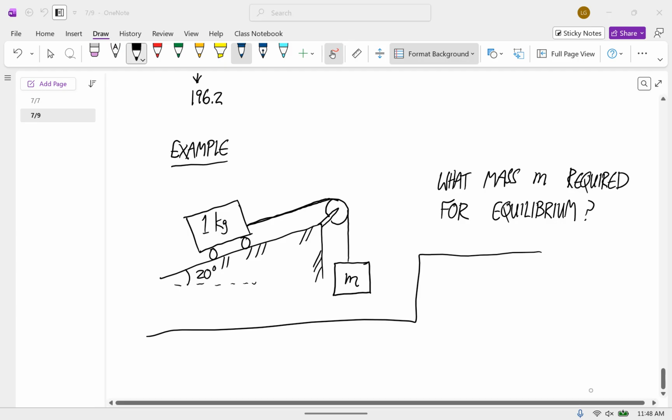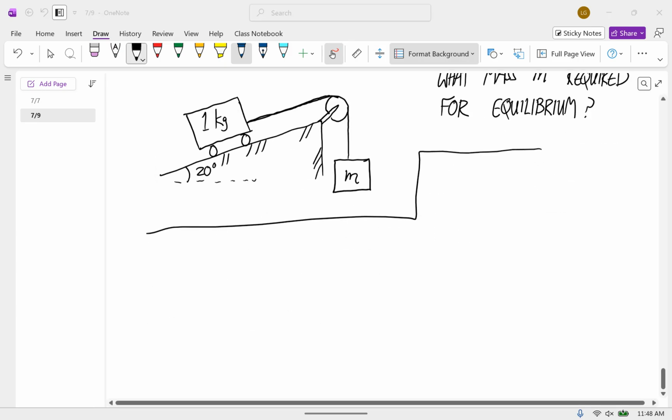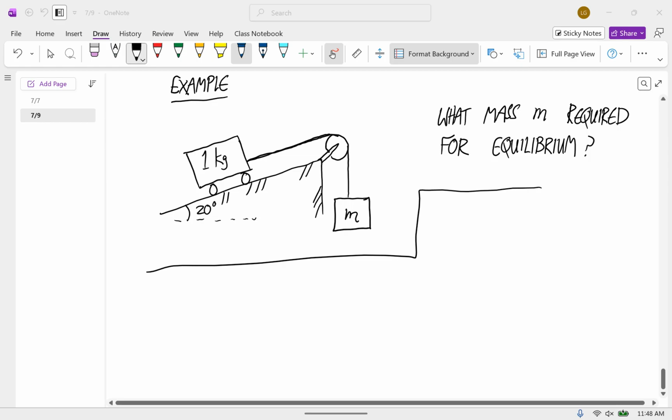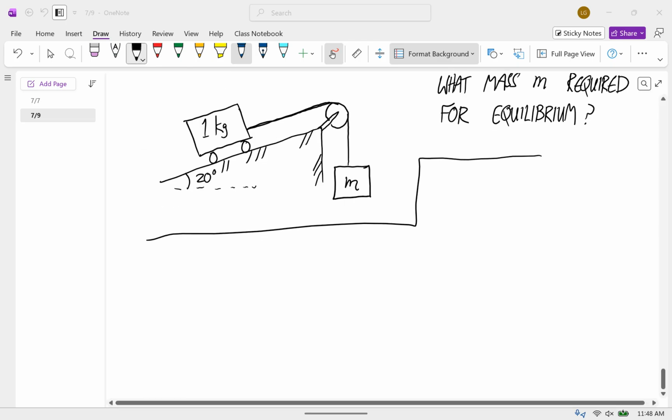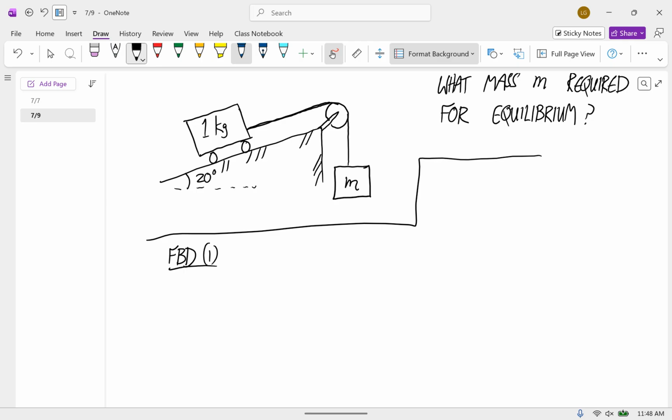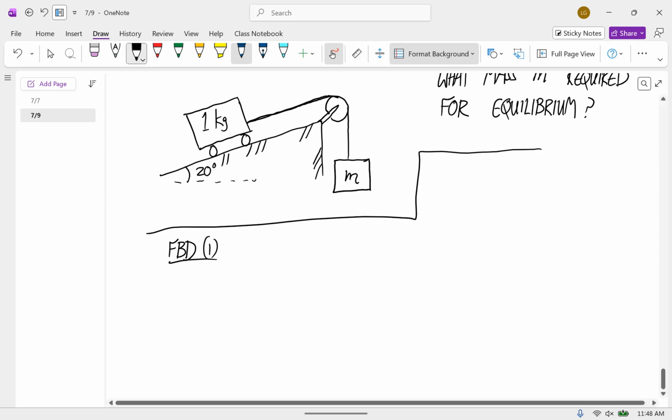Okay, so take a few minutes. In a problem like this, you're going to have to isolate each one of these at some point. It doesn't matter which one of these two bodies you do first. I'll start with the 1 kilogram. If I don't have a reason to do one over the other, I seem to work from left to right, so it's pretty arbitrary.